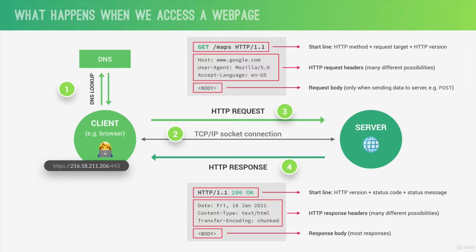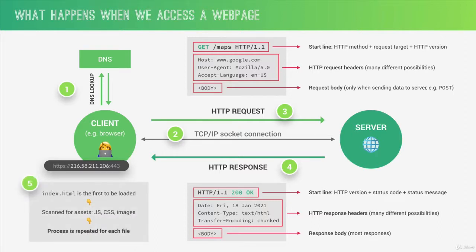So we talked in great detail about the most important parts here, which are the HTTP request and the response. But in our imaginary example, we only just did one request to google.com and got one response, right? However, if it's a website that we're trying to access, there will be many more requests and responses. And that is because when we do the first request, all we get back is just the initial HTML file.